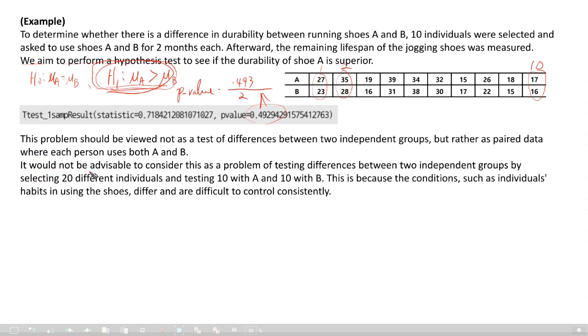It would not be advisable to consider this as a problem of testing differences between two independent groups by selecting what? 20 different individuals.